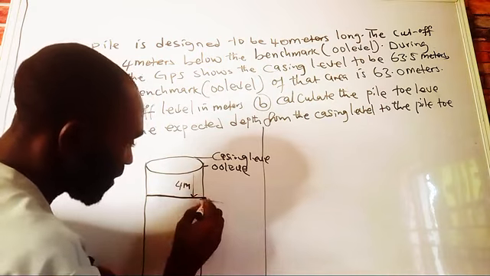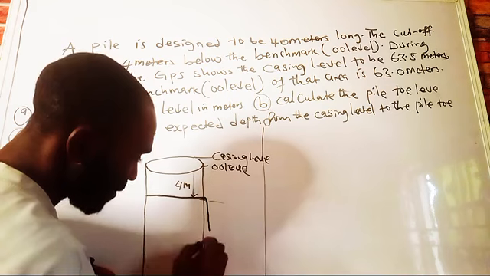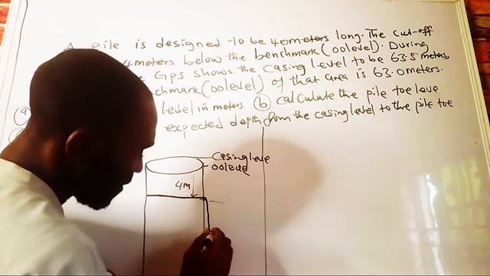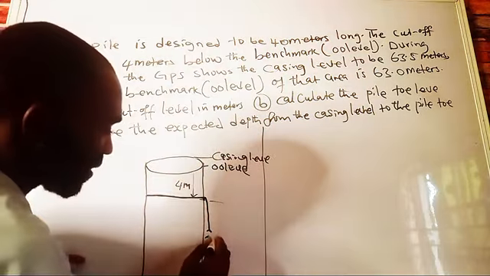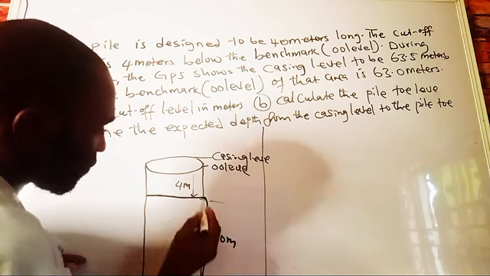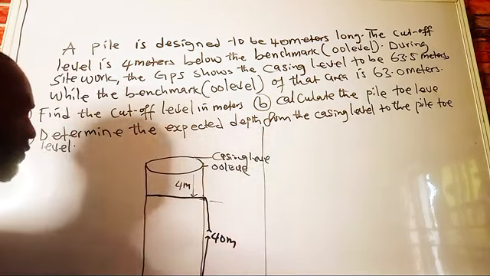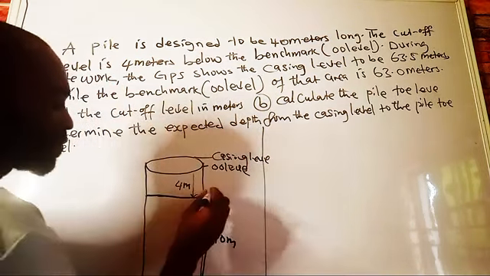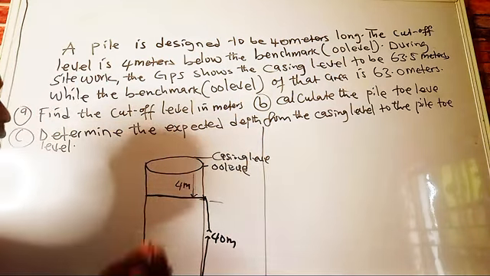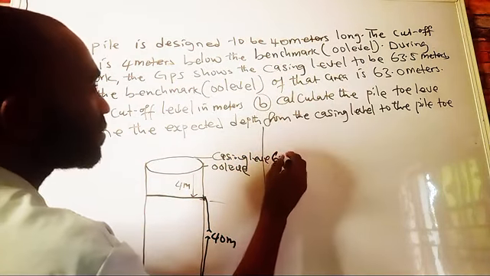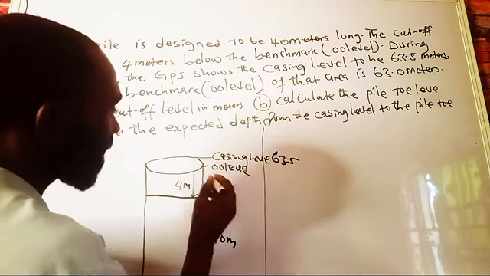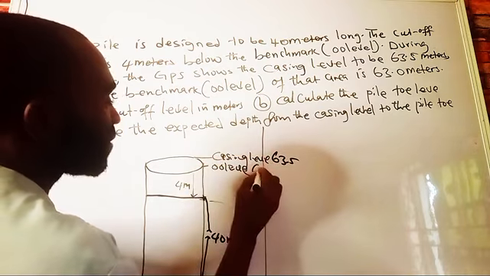From here to here, the pile is designed to be 40 meters. From here to the toe level is 40 meters. So now our casing level is 63.5, while our 00 level is 63.